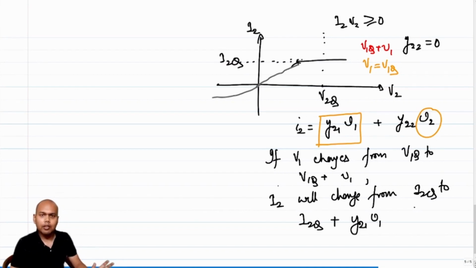And what do you think Y21 is, or the desired Y21 is? The desired Y21 is a large value, right?